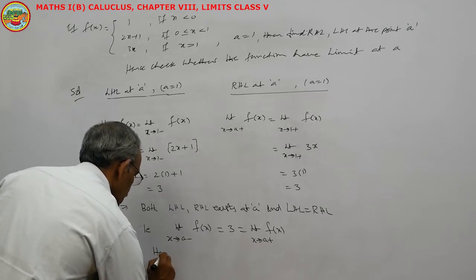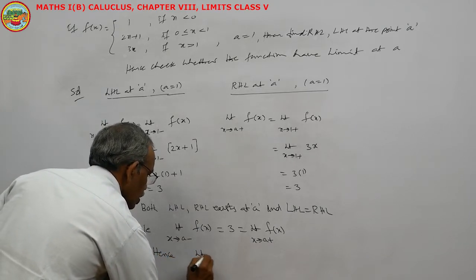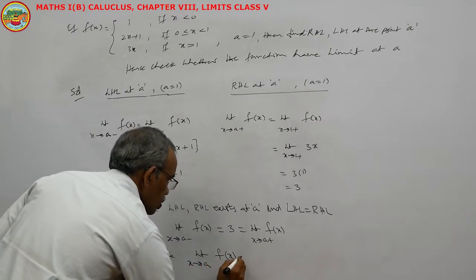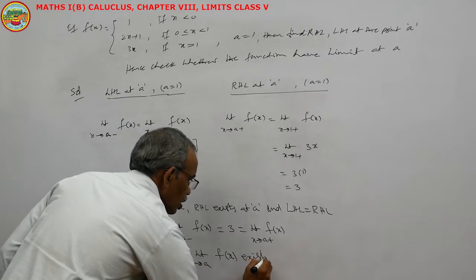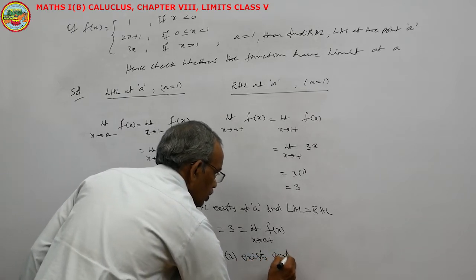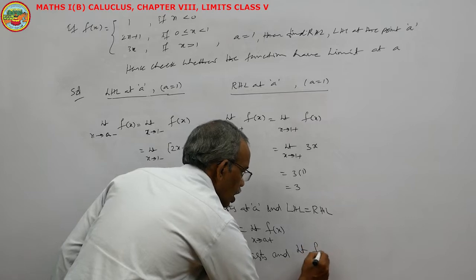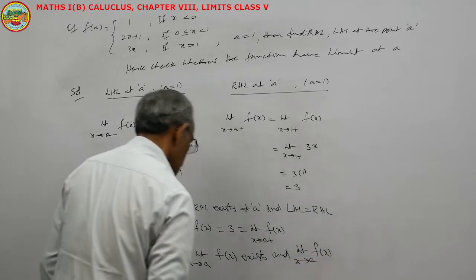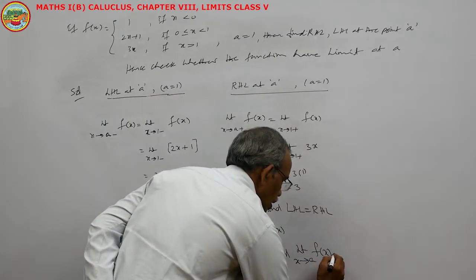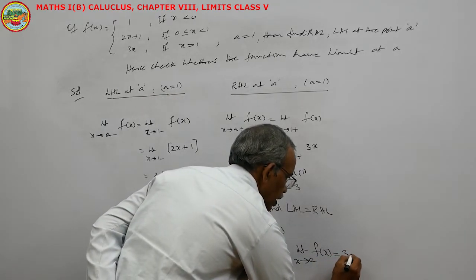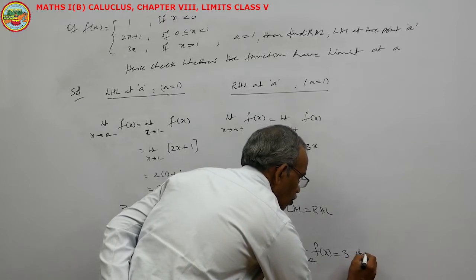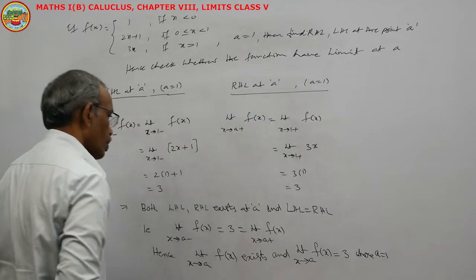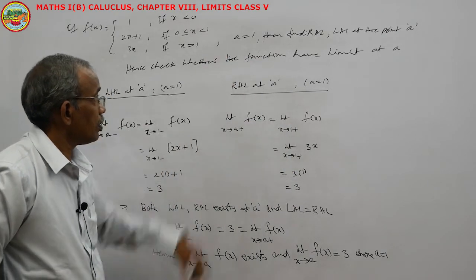Hence the limit of f of x as x tends to a exists and is equal to 3, where a is equal to 1.